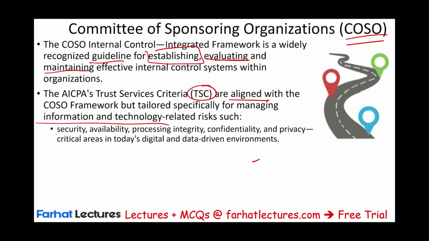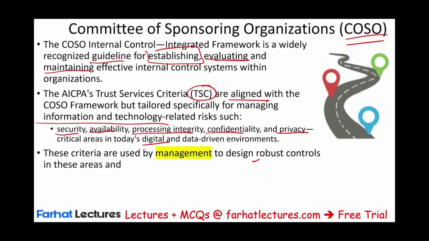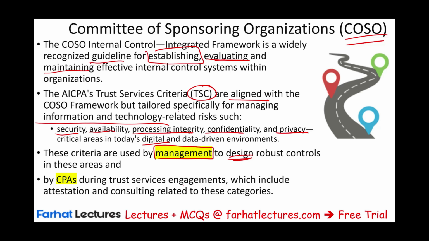It focuses on security, availability, processing integrity, confidentiality, and privacy, which are the critical areas in today's digital and data-driven environment. Now, these criteria, once again, are used by management, by the company, to design robust controls in these areas. The CPA, on the other hand, during the trust service engagement, tests them, which include attestation and consulting related to these categories.